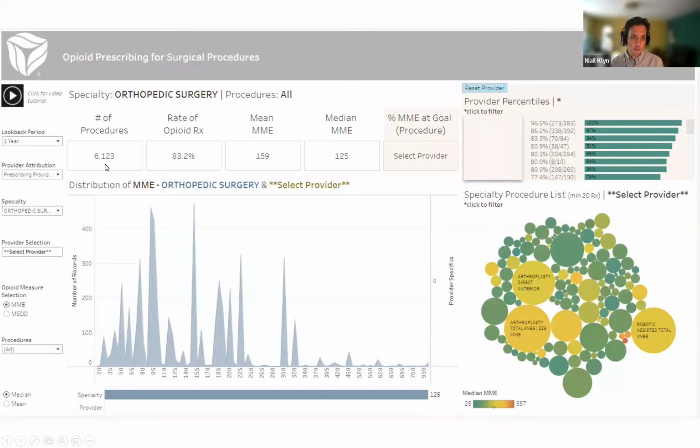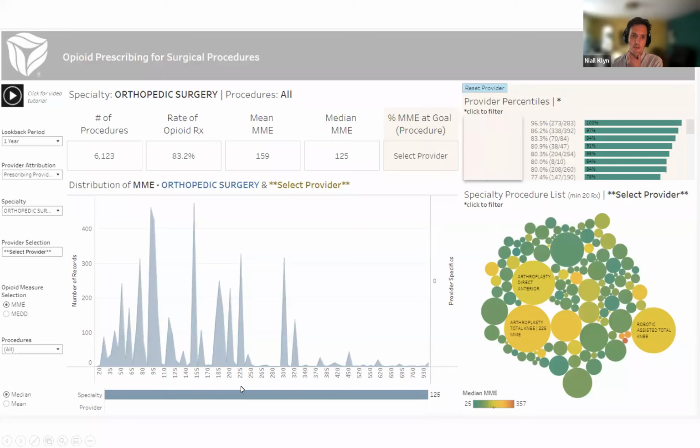Out of this 6,000, 83% have had an opioid prescription following that surgery. What is the mean morphine milligram equivalent? And we default here, you see, to that MME. What is the median morphine milligram equivalent? And then the percent at goal for that particular procedure. So those are just those high-level metrics.